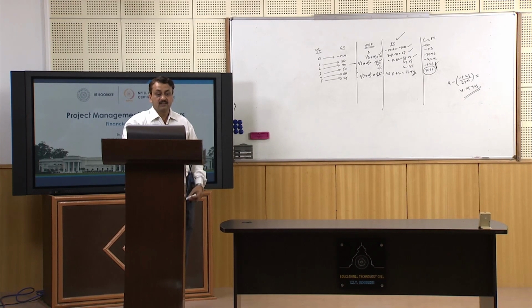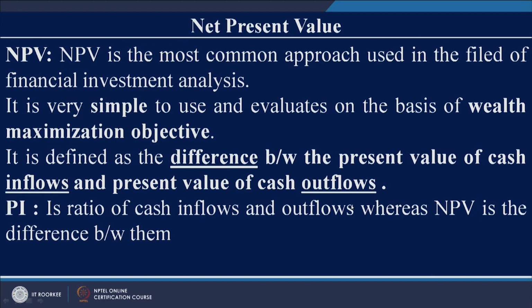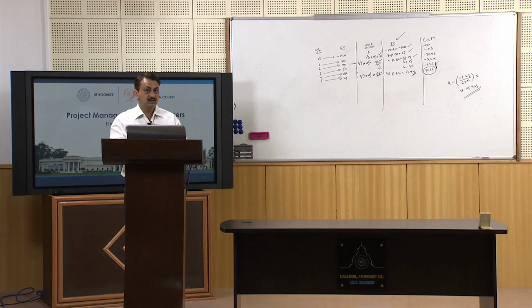It is the difference between the present value of cash inflows and the present value of cash outflows. PI was the ratio of cash inflows to cash outflows. Here it is the difference of present value of cash inflows and present value of cash outflows. So that is the major difference between PI and NPV.